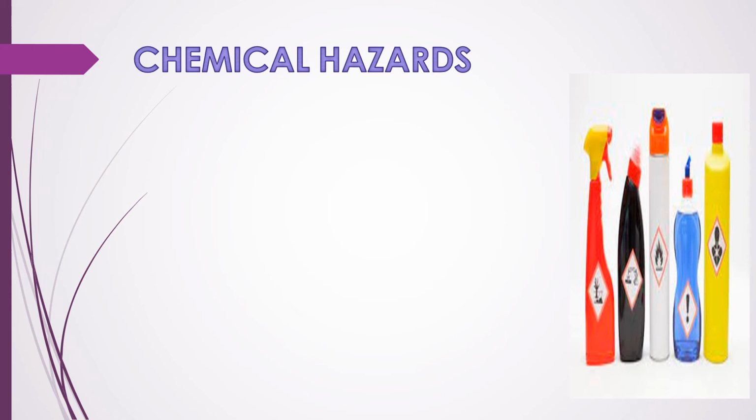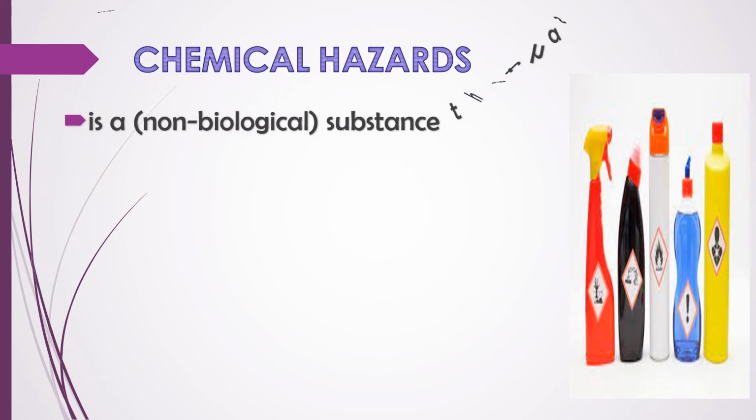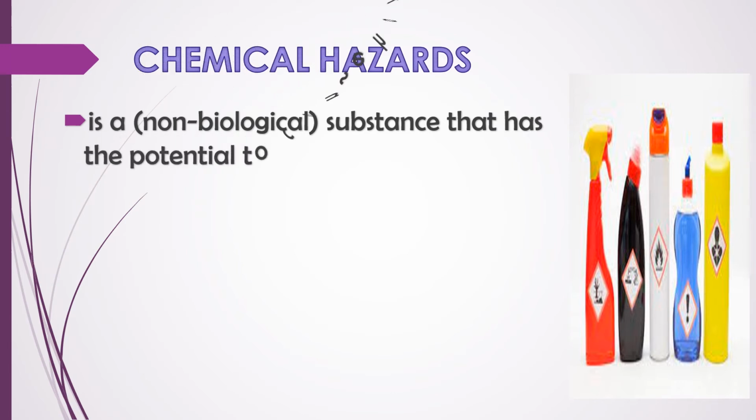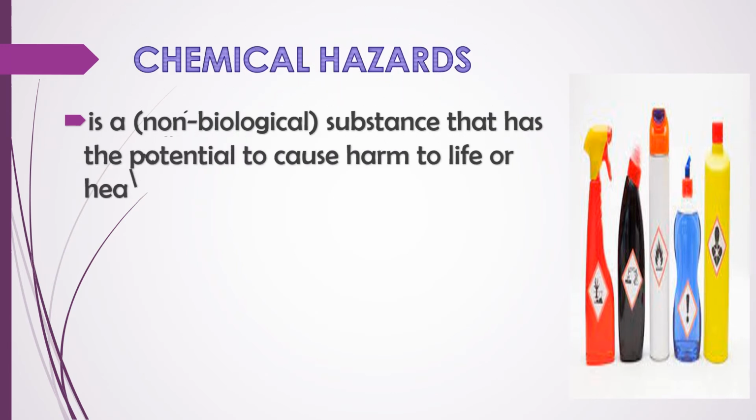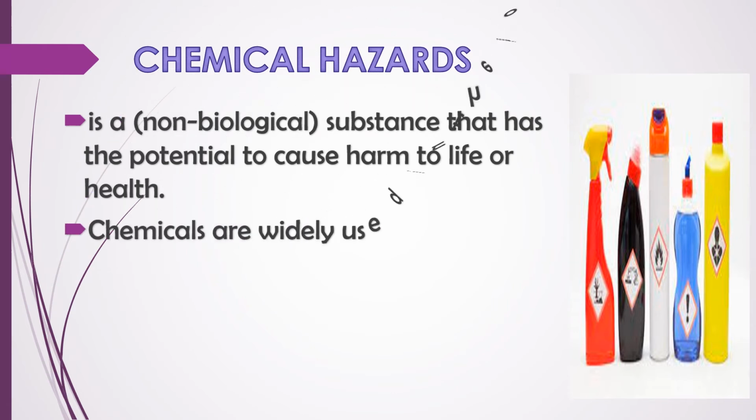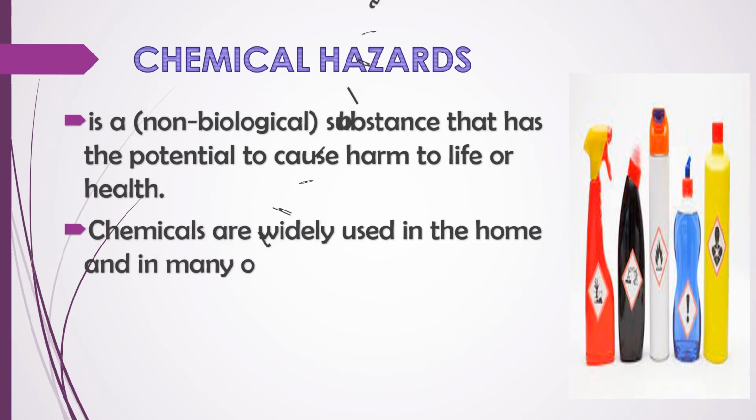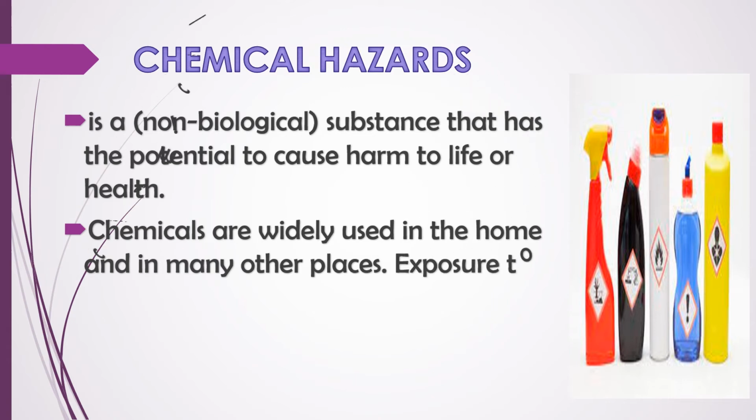Next is chemical hazards. A chemical hazard is a non-biological substance that has the potential to cause harm to life or health. Chemicals are widely used in the home and in many other places.